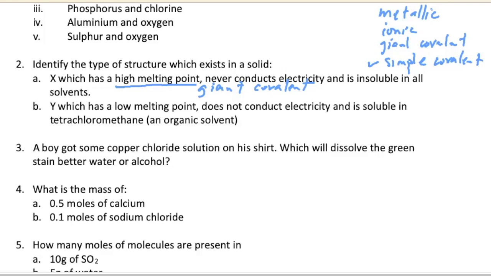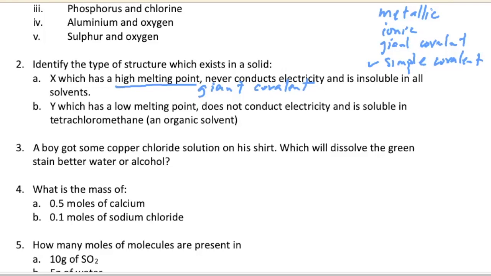And then they said that this is soluble in tetrachloromethane. Even though you don't know what tetrachloromethane is, they say it's an organic solvent. And we know that simple covalent compounds dissolve in organic solvents. And we saw that a few weeks ago when we dissolved our camphor ball or naphthalene in acetone.